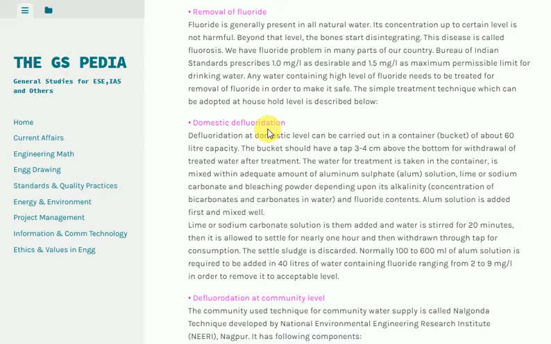Any water containing a high level of fluoride needs to be treated for removal of fluoride in order to make it safe. The simple treatment technique which can be adopted at household level is described below. Domestic defluoridation.